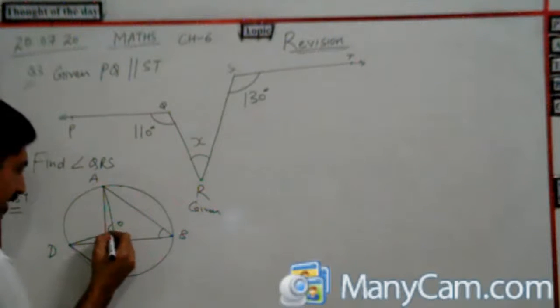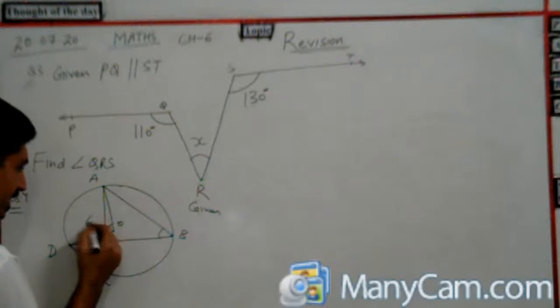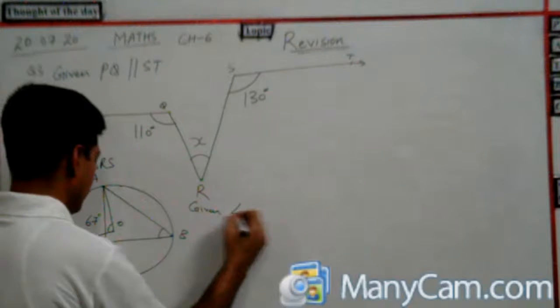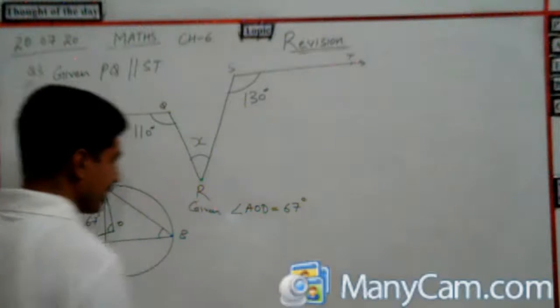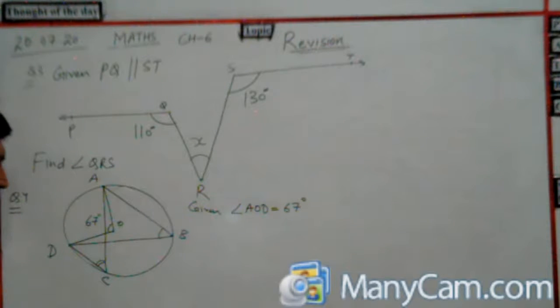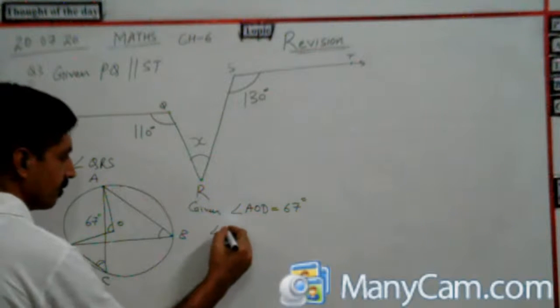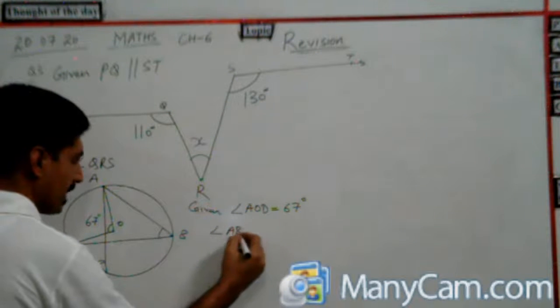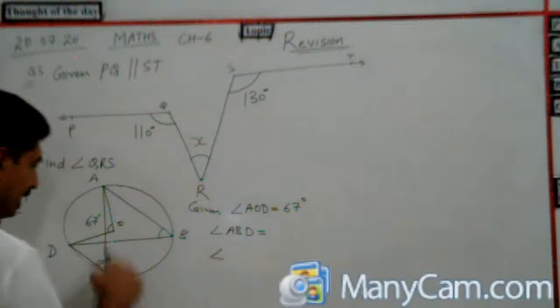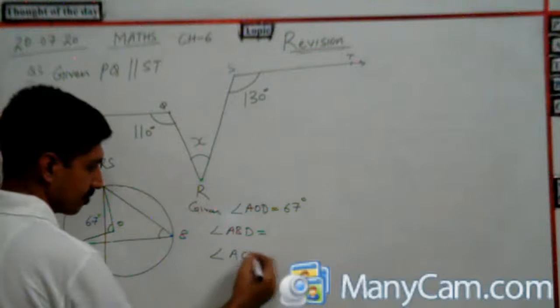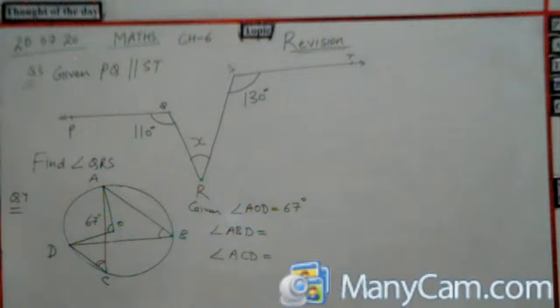This angle here is given 67 degrees. Angle AOD is given 67 degrees, right? Find angle ABD and angle ACD, right? Find these two angles. Next, question number 5.